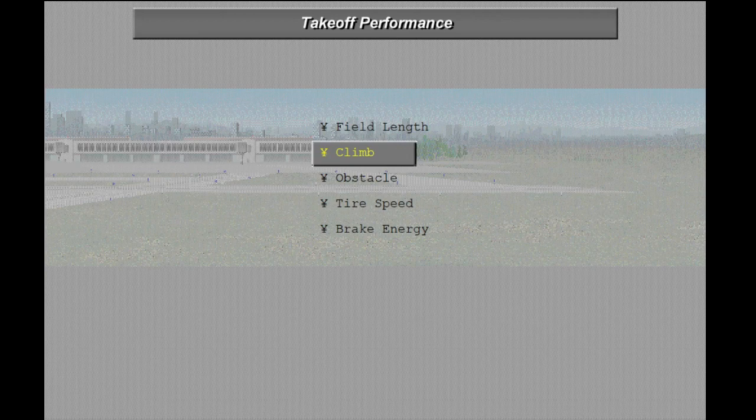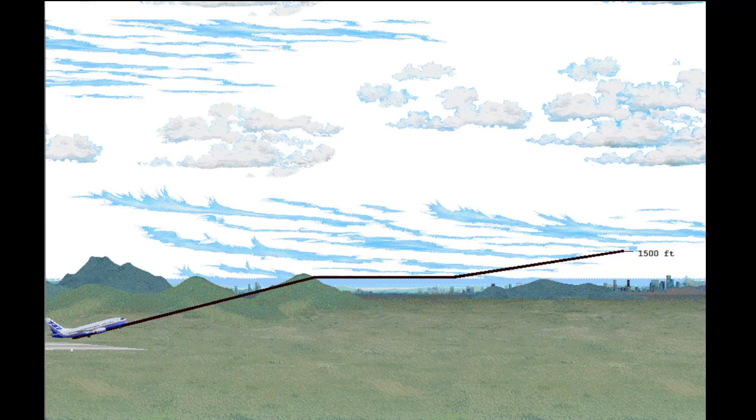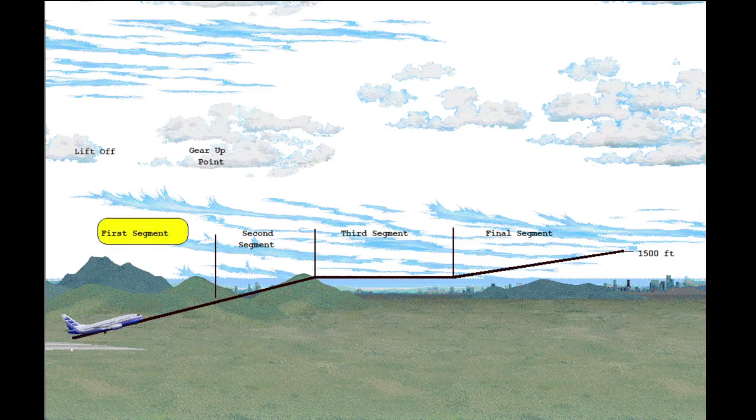This lesson covers the takeoff climb performance requirements. The takeoff flight path begins at liftoff and extends to at least 1,500 feet above the runway. There are engine-out climb capability requirements in each of 4 segments. The climb limited weight is calculated at 0 wind conditions. The first segment begins at liftoff and is completed when the gear is fully retracted.